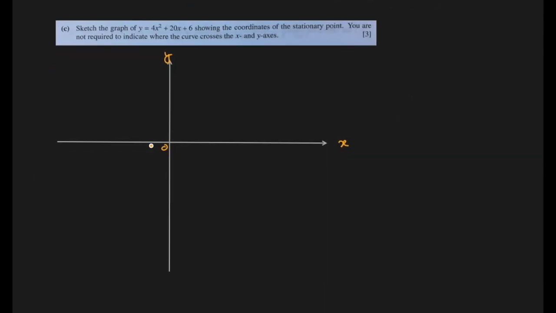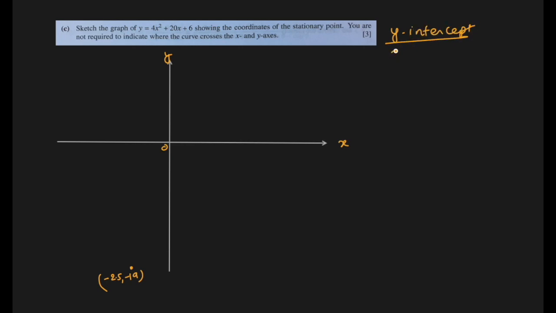This becomes our vertex, negative 2.5 and negative 19. So negative 2.5 somewhere here and negative 19 somewhere. Let me give some space, so I'll put it here. So negative 2.5 and negative 19 is the vertex. Now we need x and y intercepts. So let's do the y-intercept first because it is easy to calculate.